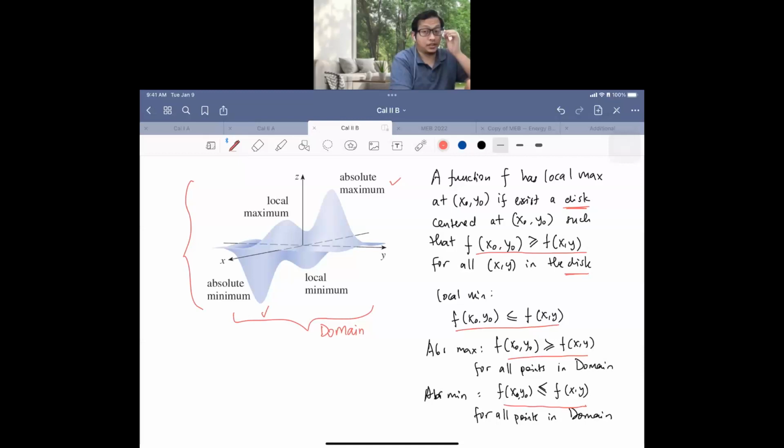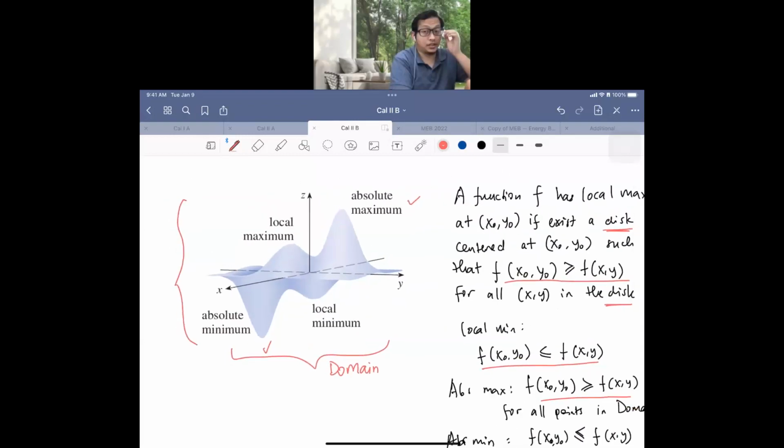Okay, but if we can have a restriction area, which we call the disk, how do we make it more concise and precise, how do we point out this maximum is maximum or this minimum is minimum? The way we are going to observe that is by having some boundary.